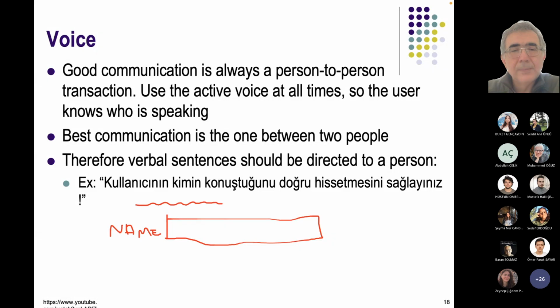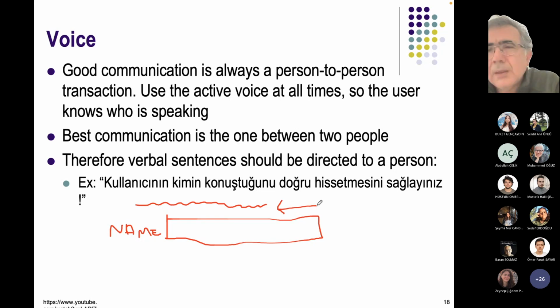What do you write here? You write there in the application, "Please enter your name here." That is what we do. And it's quite normal. Please enter your name. And there is a box under that.